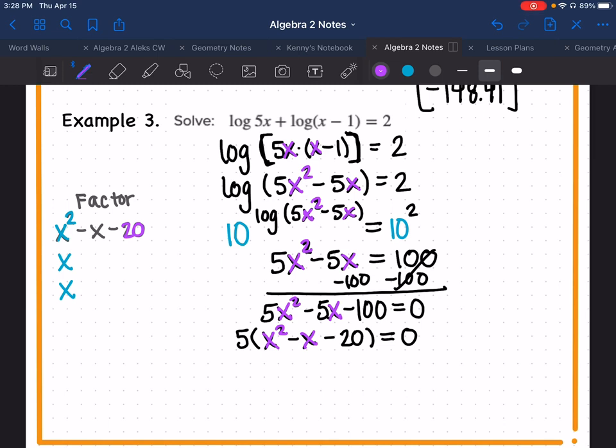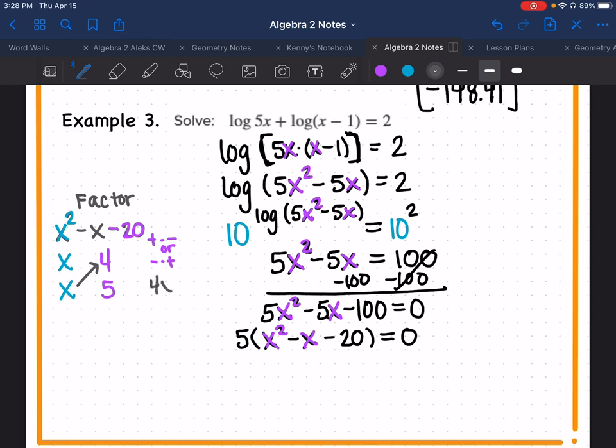Now, 4 times 5 is the most common factors of 20 that we use when we factor, so that's the one I'm going to try first. Now it is negative, so that means that one of them must be negative. And so it's either going to be plus times minus, or it's going to be minus times plus. Okay, and I'm going to figure out which one it is after I do my cross multiply.